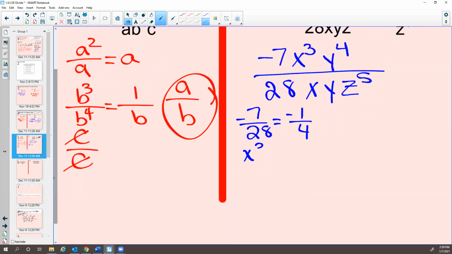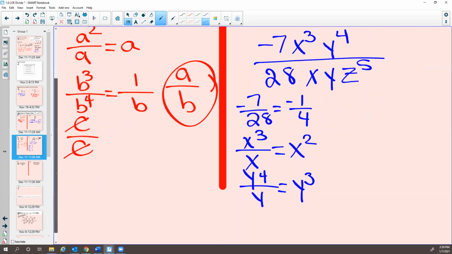I have x3 over x. Subtract your exponents and you get x2. My y's, y4 over y. Subtract your exponents and you get y3. My z's, I only have z to the 5th. All I have to make sure of is that z to the 5th stays on the bottom.